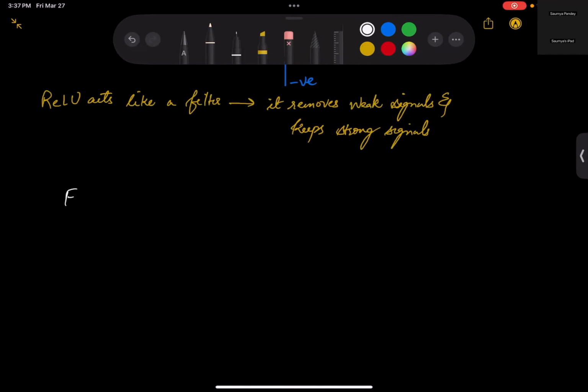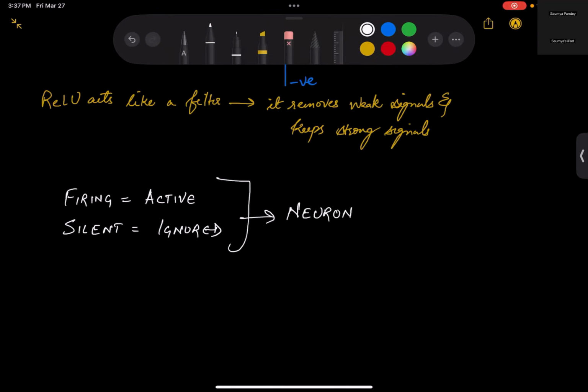Firing means it's active, and silent means it's ignored. This is neuron firing we are talking about. So these neurons don't respond to everything. They only fire when something important is detected.